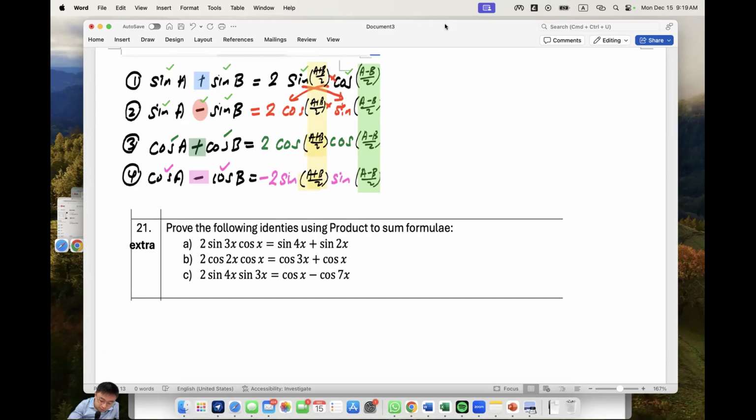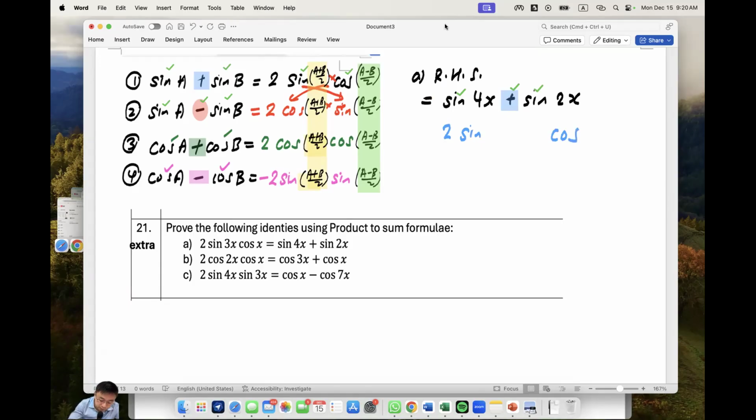So for question number A, if I prove from the right hand side, whenever it is sine 4x plus sine 2x, it is sine plus sine. According to the first rule that we have, sine plus sine is what? We have 2 sine cosine, right?